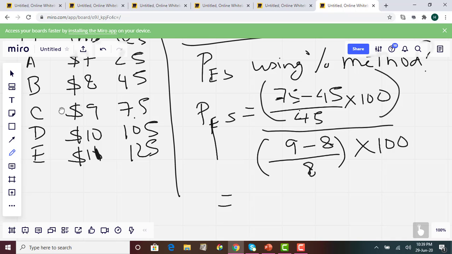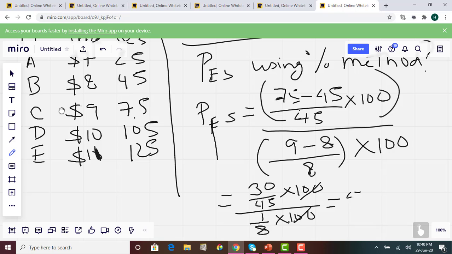The numerator will be 75 minus 45 divided by 45. So in other words, it will be 30 by 45 times 100. Then you have 1 divided by 8 times 100. 100 cancels out. So if you put in all the numbers, it comes out to be 5.33.